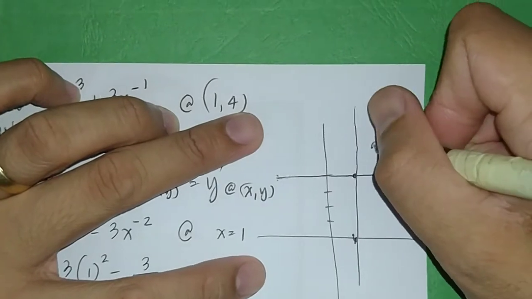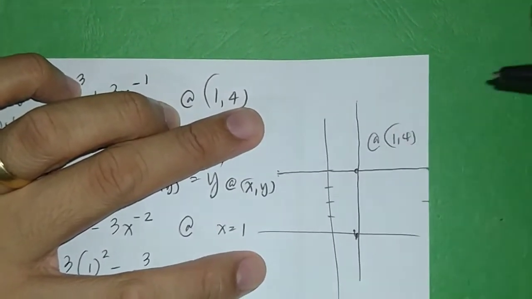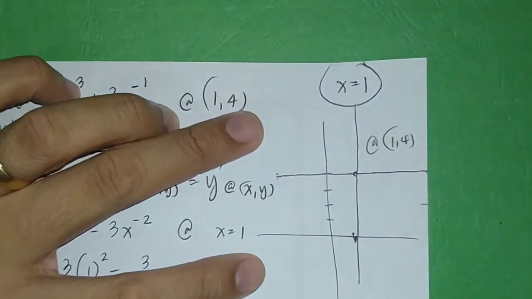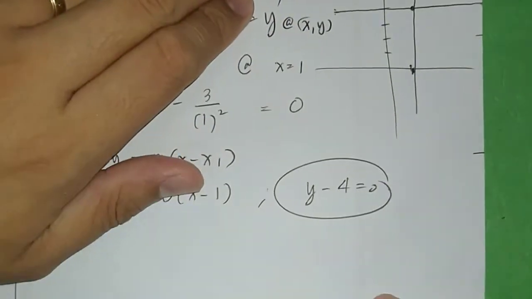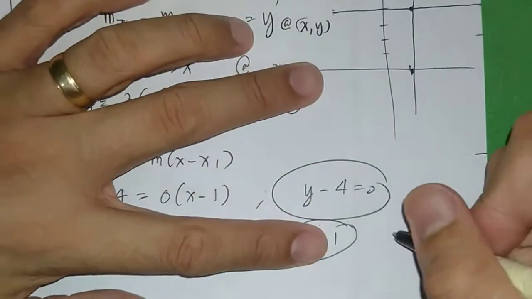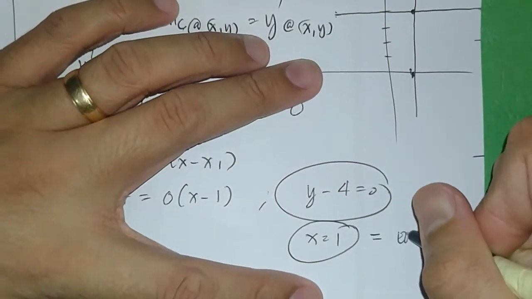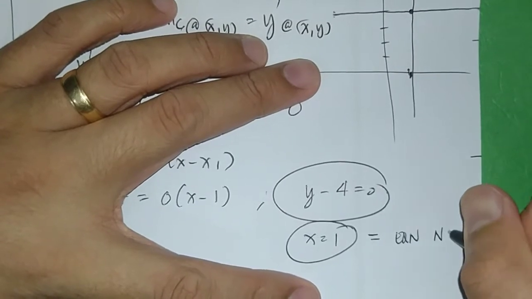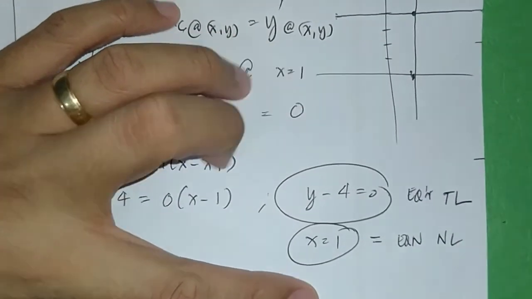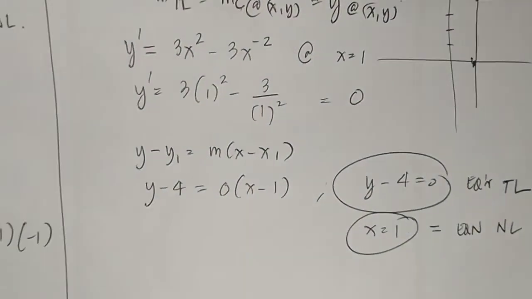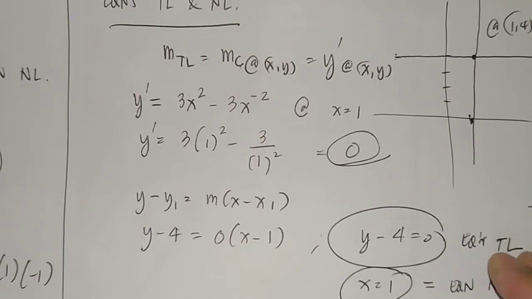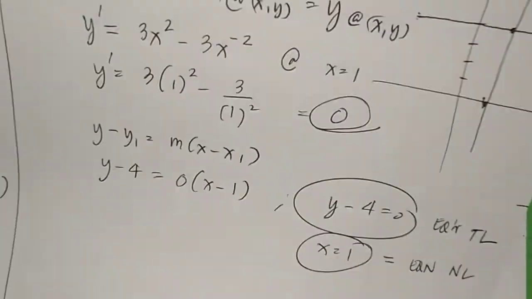So this is at 1 comma 4. So therefore, the equation of the normal line is x is equal to 1. So you need not solve. x is equal to 1 is the equation of the normal line. This is the equation of the tangent line, because the slope is equal to 0, which represents a horizontal line.